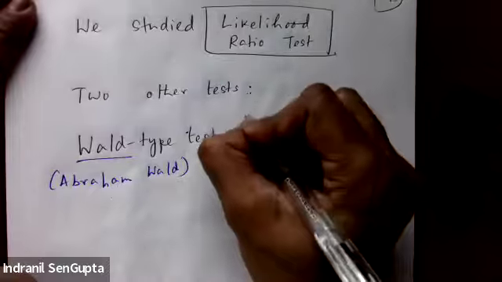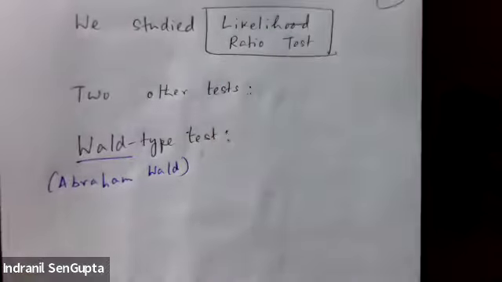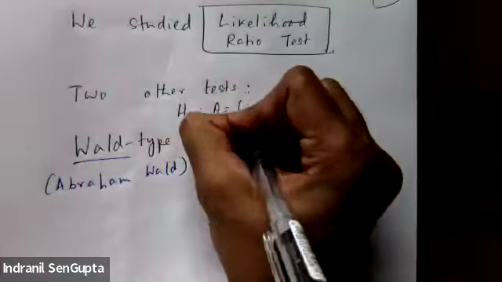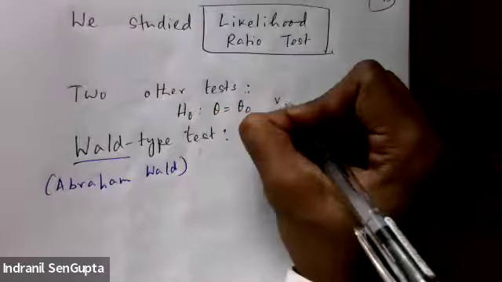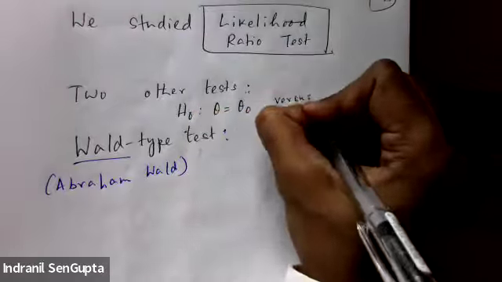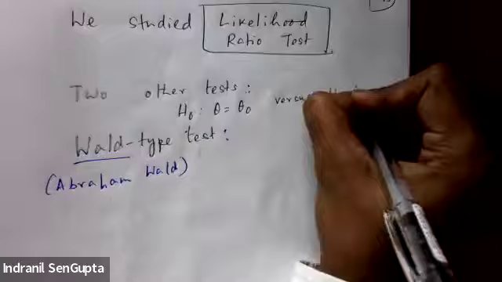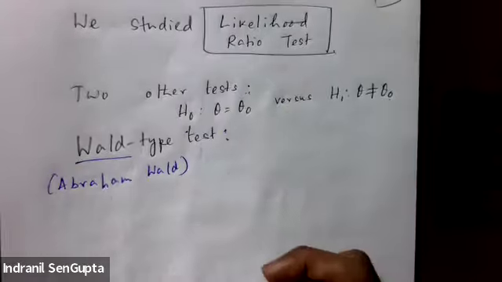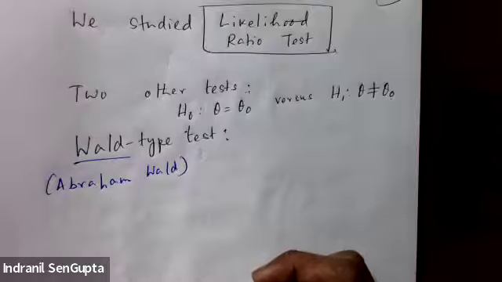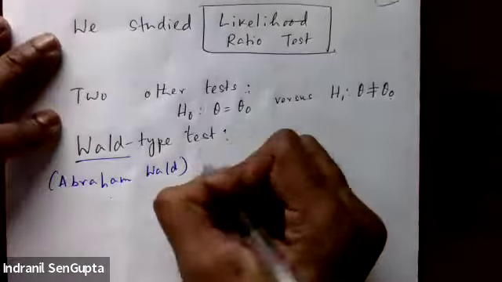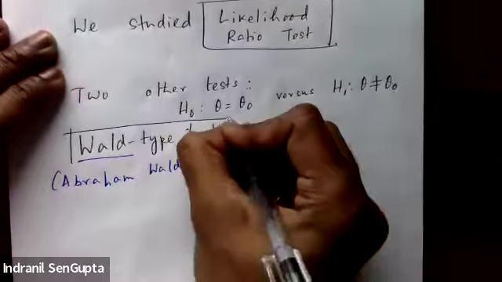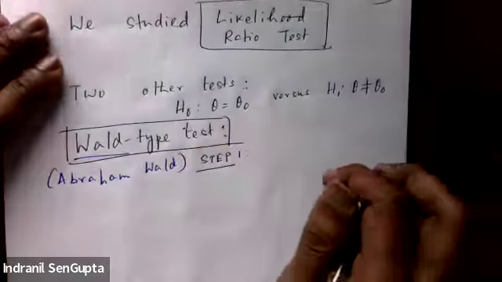Here the null hypothesis and the alternative hypothesis are as before. So H0 is theta equals theta 0 versus H1, which is theta is not equal to theta 0. Okay. So what is the Wald type test? Step 1, you construct a test statistic.